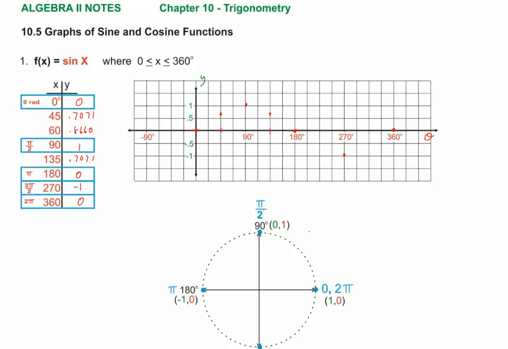If you're going to learn the sine wave, you need to learn the sine of 0, the sine of 90, the sine of 180, sine of 270, and the sine of 360. And you do have to learn this pattern. This is something that you should memorize because it's the pattern that then allows you to do all kinds of different variations. We've dealt a lot with transformations, right? And we will transform the sine and cosine functions as well.